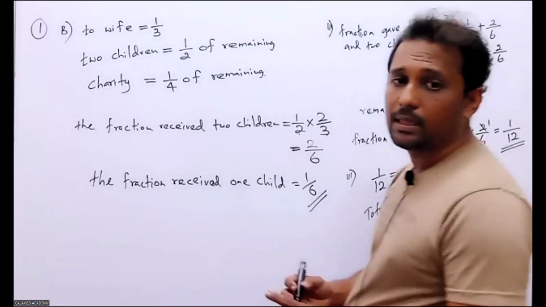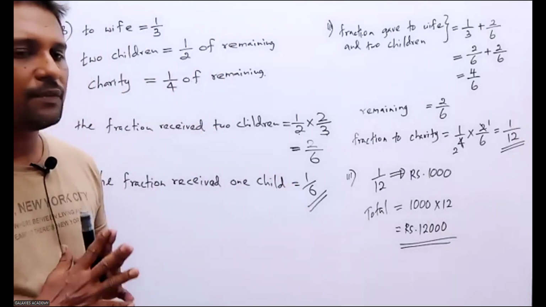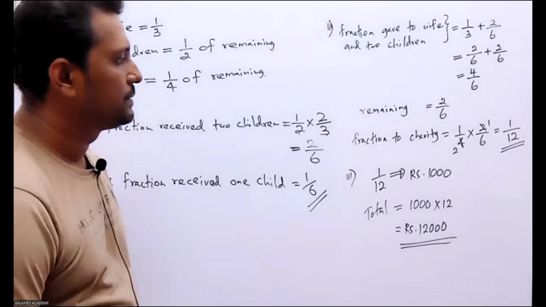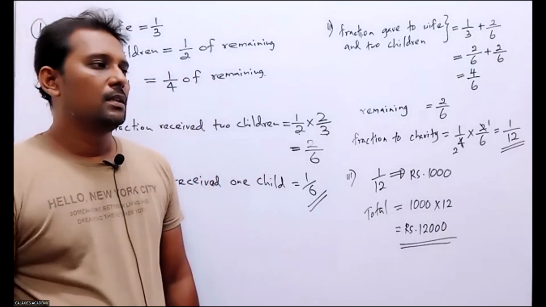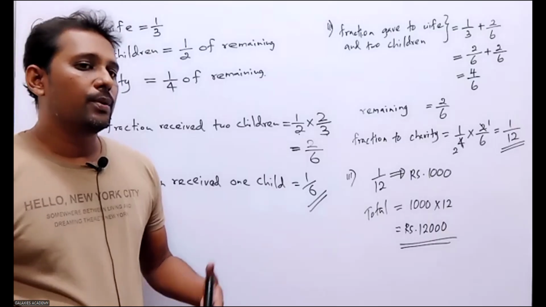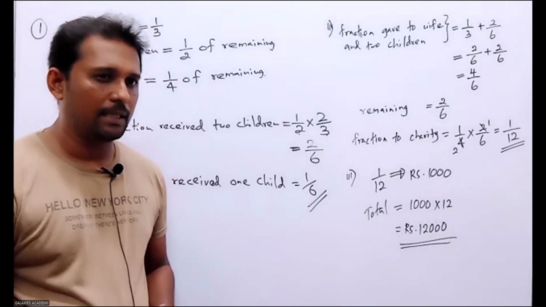Right? 12,000 rupees. Okay, those are all the parts of the first question. Again, you look at the answers of the fractions, right? Like that, we discussed a lot of questions.